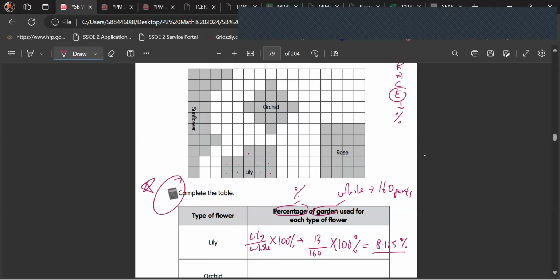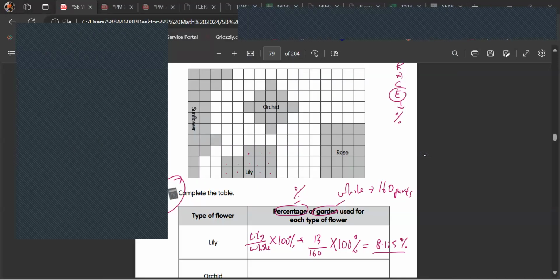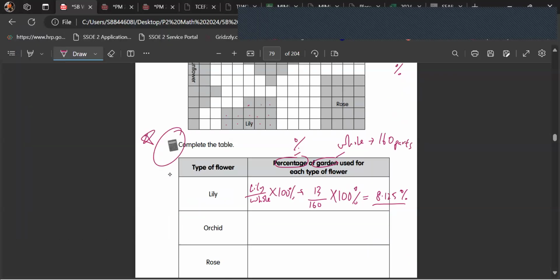Okay, I'm going to just use my calculator on screen. So I have 13 divided by 160, then I multiply by 100%, 8.125, that's right. So out of 160, times 100%.